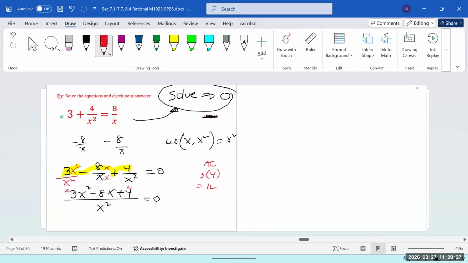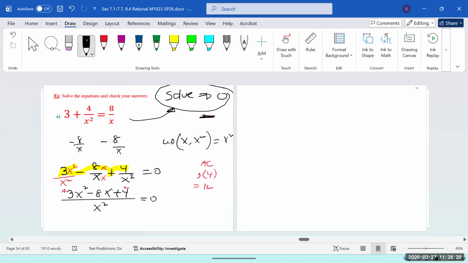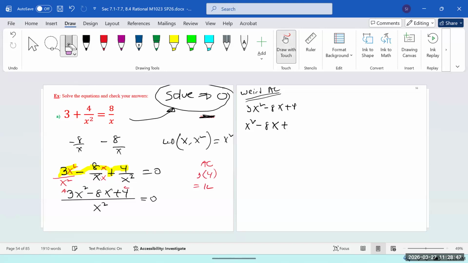And let me do the weird AC method. In this weird AC method, we rewrite 3x squared minus 8x plus 4 using x squared minus 8x plus your AC. AC is 12, plus 12.